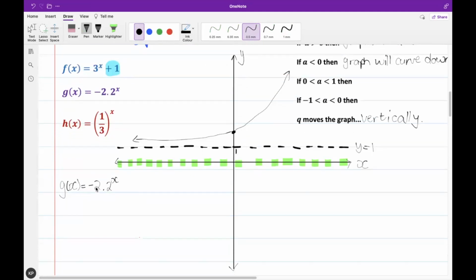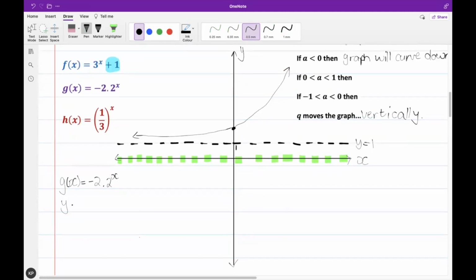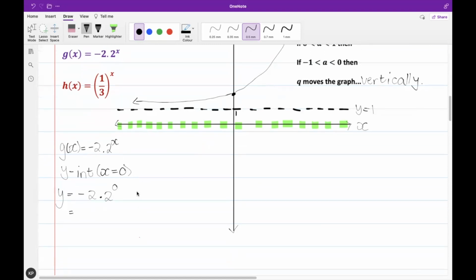Now let's look for my y-intercept where x is 0. X is equal to 0. So then this will say y is equal to -2 times 2 to the power of 0. And once again, anything to the power of 0 is going to be 1.